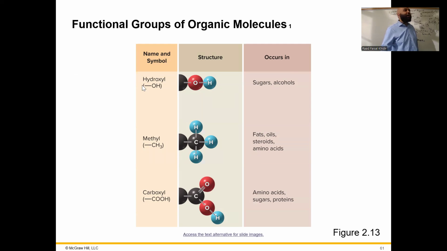OH is a hydroxyl. And where do we find the hydroxyl? In alcohol and sugars. Sugars have a lot of hydroxyl, and alcohol has a lot of hydroxyl. That's why we get a lot of reactive oxidative species. When we were talking earlier today about free radicals and reactive oxidative species, you drink the alcohol, it has hydroxyl, then it will metabolize into acetaldehyde.